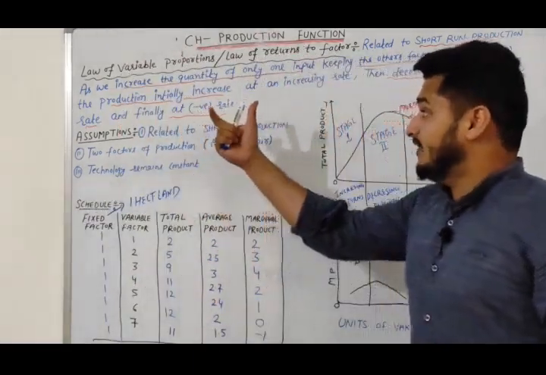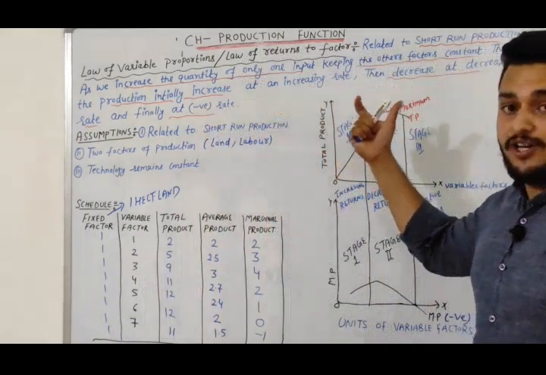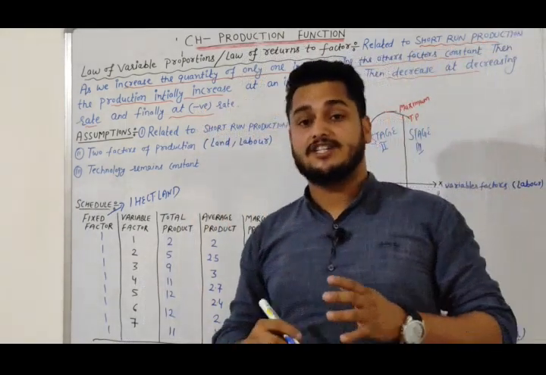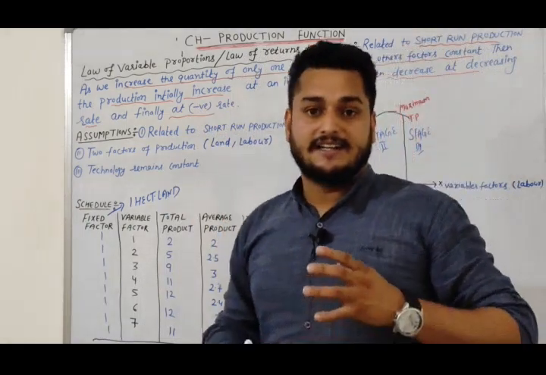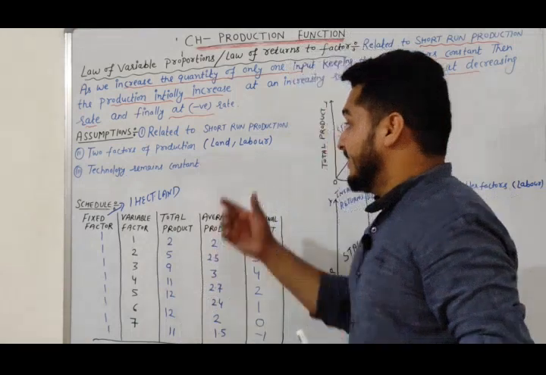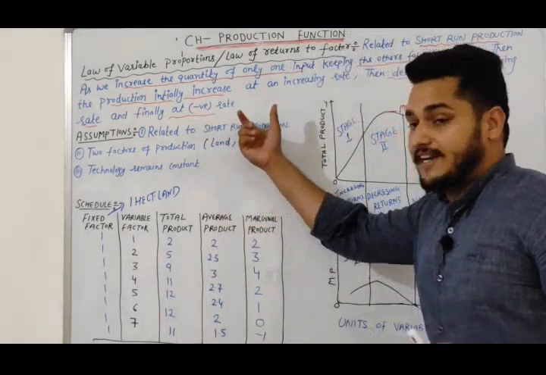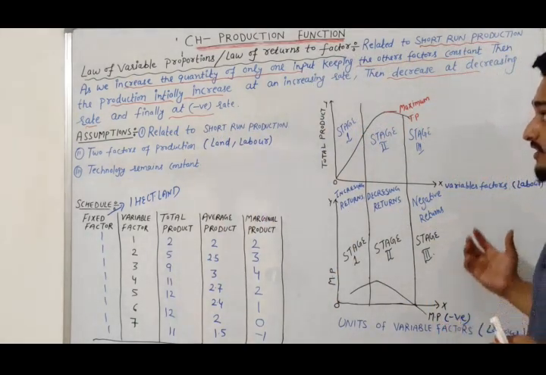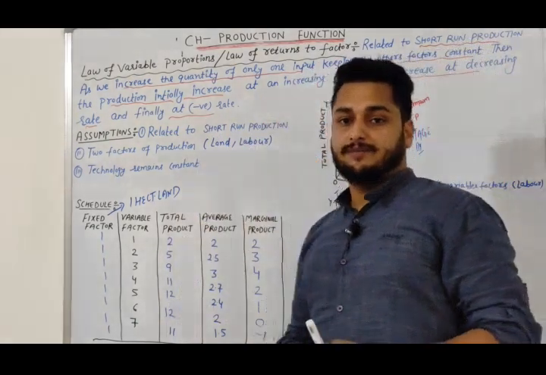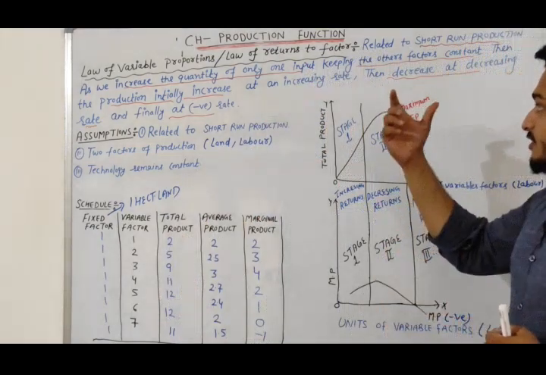When we increase the quantity of only one input, keeping the other factor constant, in the starting our production increases at an increasing rate, then decreases at a decreasing rate, and finally at a negative rate. At this point it's a negative rate, so it's the law of variable proportion and law of returns to factor.